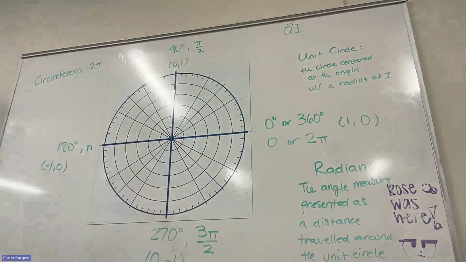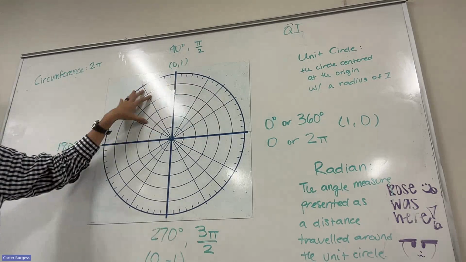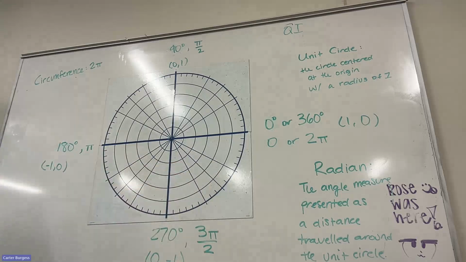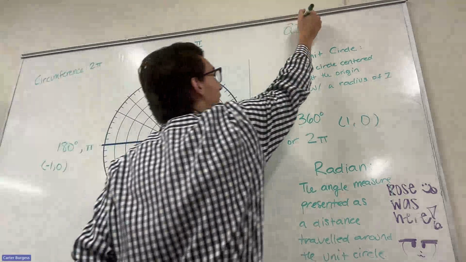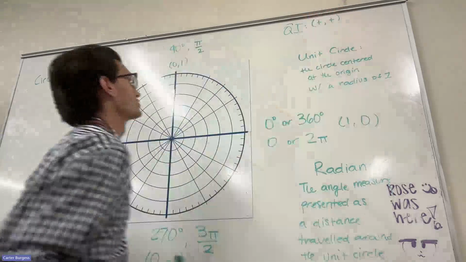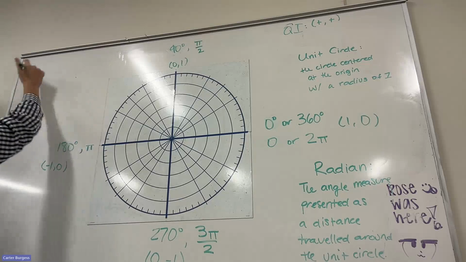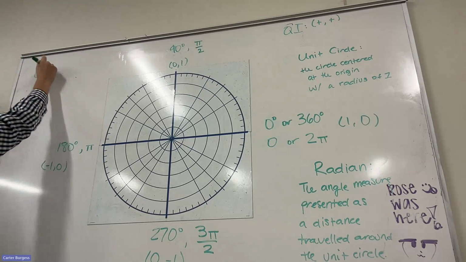Why do I care about being in quadrant 1? Well, what's different about values of x and y in quadrant 1 relative to the other quadrants? We're going to have positive x's and positive y's as long as we are in quadrant 1. What if I'm in quadrant 2?